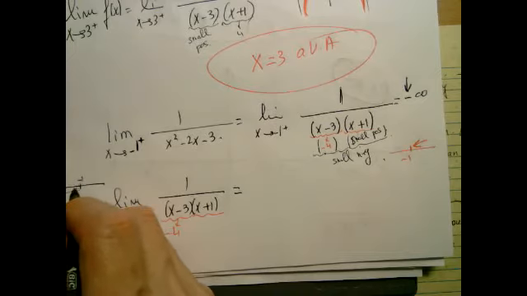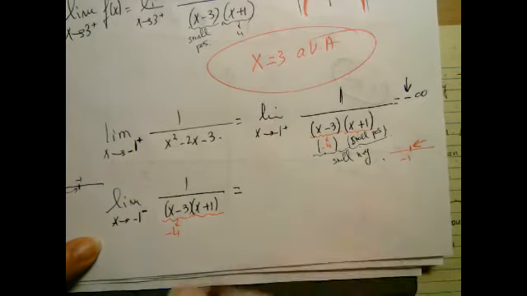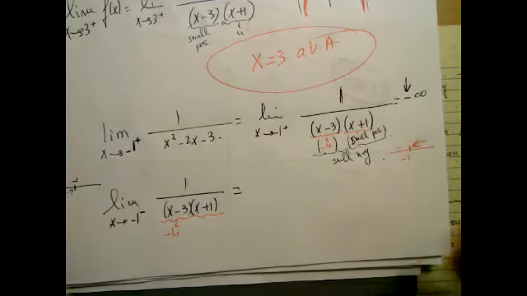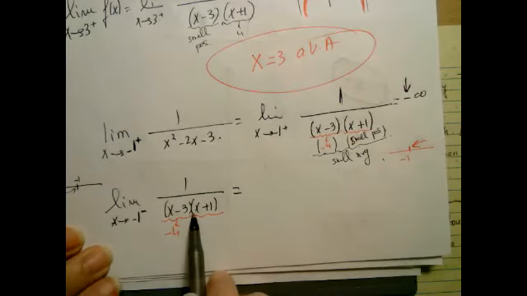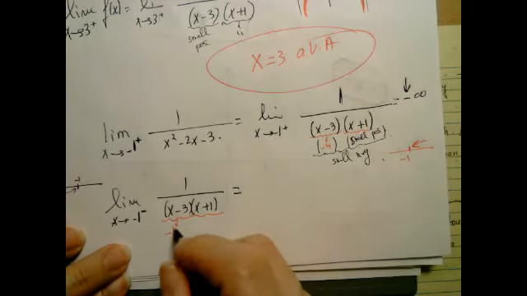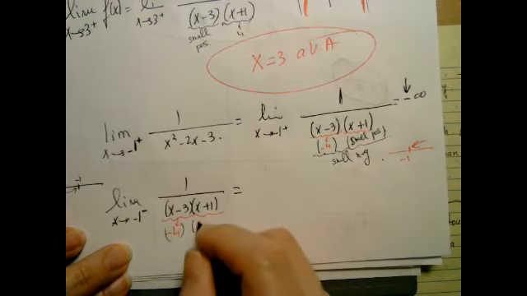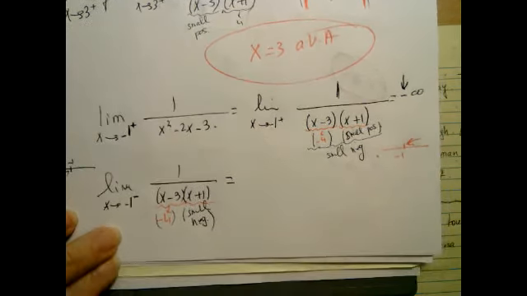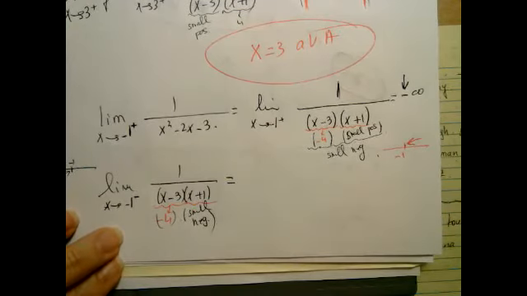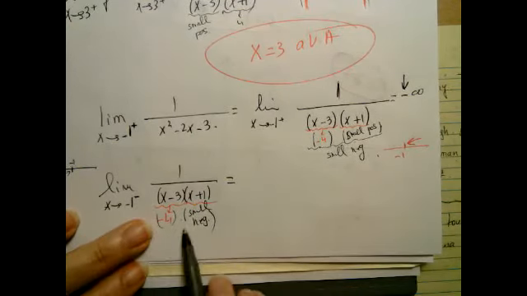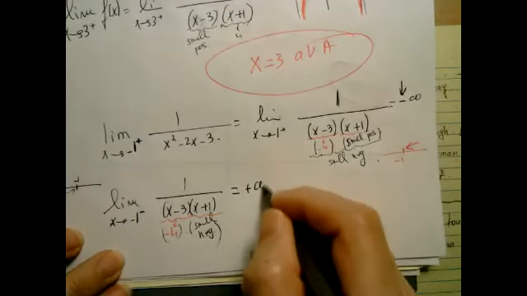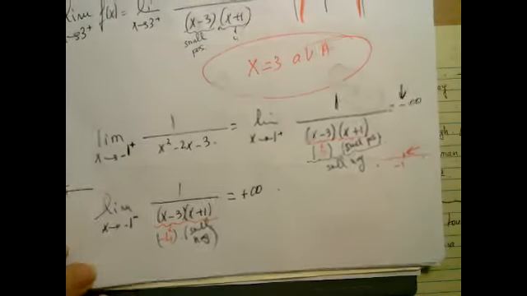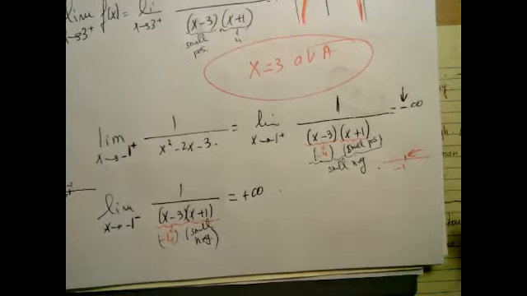We are a little bit less than minus 1. So minus 1.1, minus 1.2. So minus 1.1 plus 1, that's going to be a small negative, like minus 0.001. So I have minus times minus, that's a plus infinity. And the limit is going to be plus infinity.